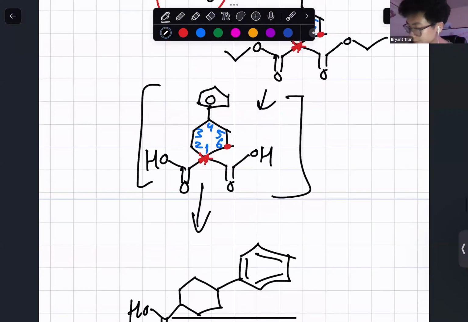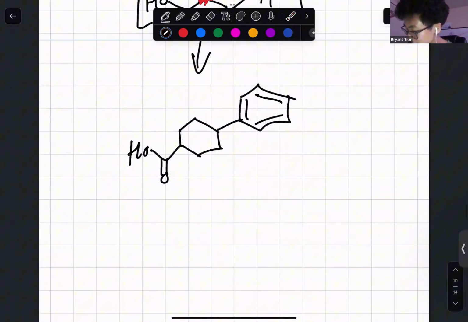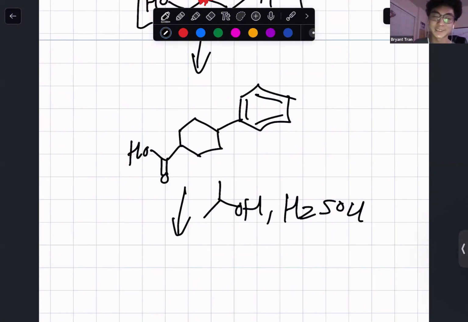Okay. Now, once we have that, we don't stop because this fifth step here, we have alcohol with acid. What is that going to do? This is our alcohol here. This alcohol here with H2SO4 acid. What is that going to do with this carboxylic acid here? It's going to be one of the carboxylic acid reactions in the chart.